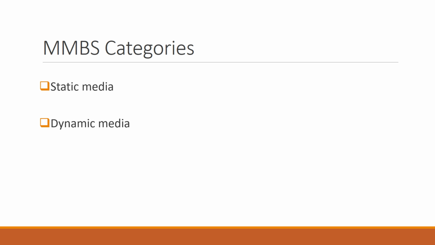Dynamic media are the media that change with time, such as audio and video, and it's also called continuous media. And then we have the third category, which is dimensional media. It's about 3 dimensions that's used in games usually.